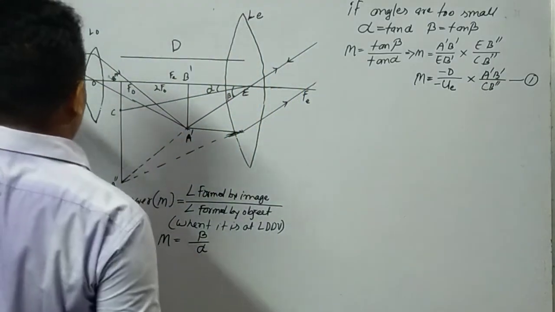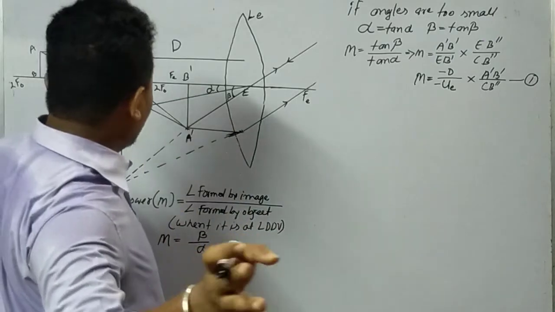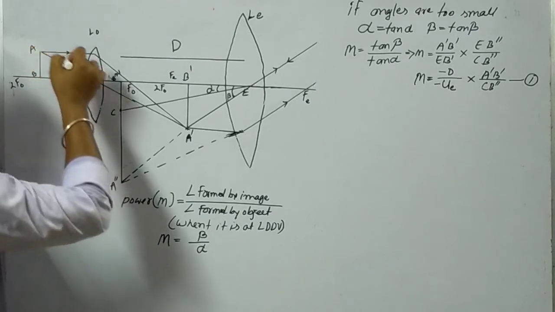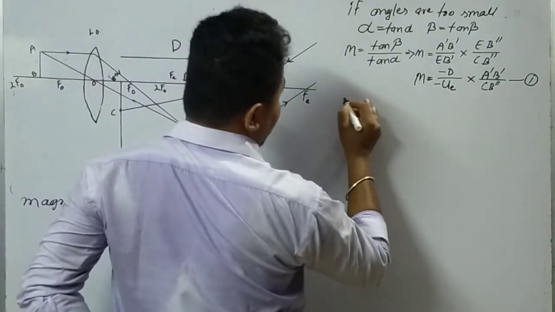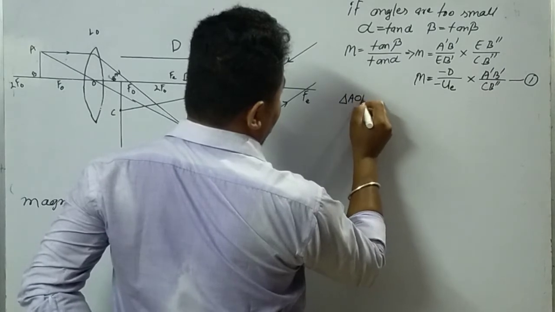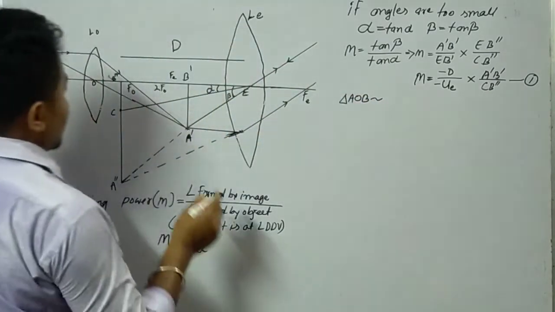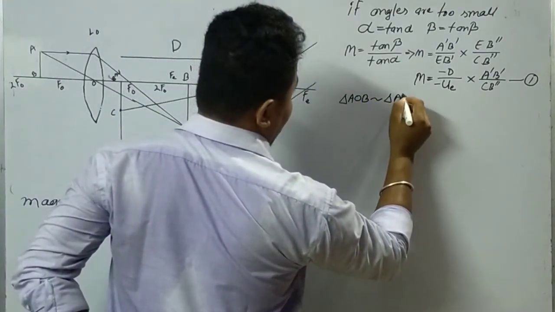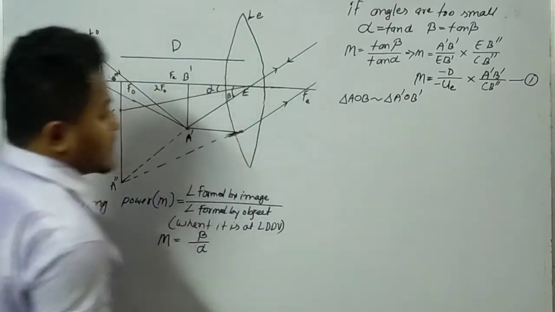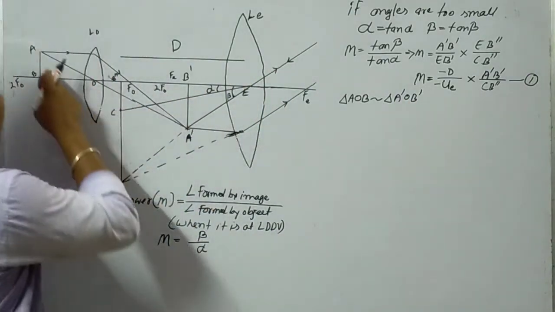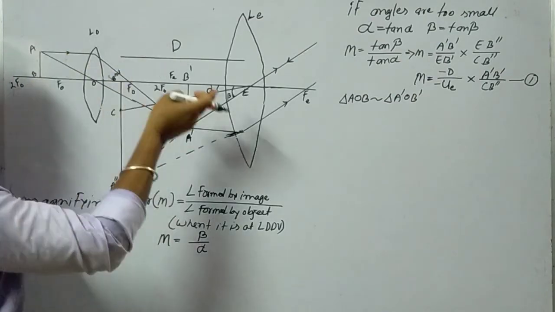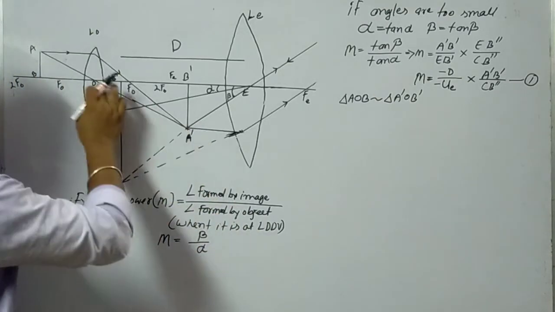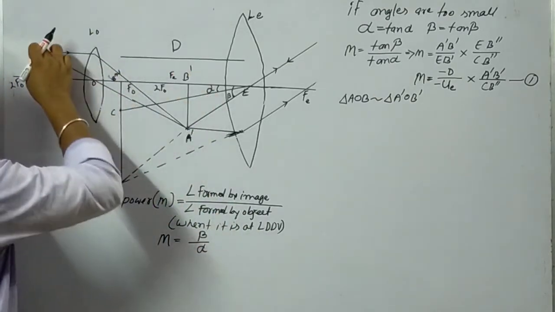We can consider here the two big triangles. First triangle AOB. That means you can write triangle AOB will be similar to triangle A dash O B dash. Understood? These two triangles, A dash O B dash and AOB.